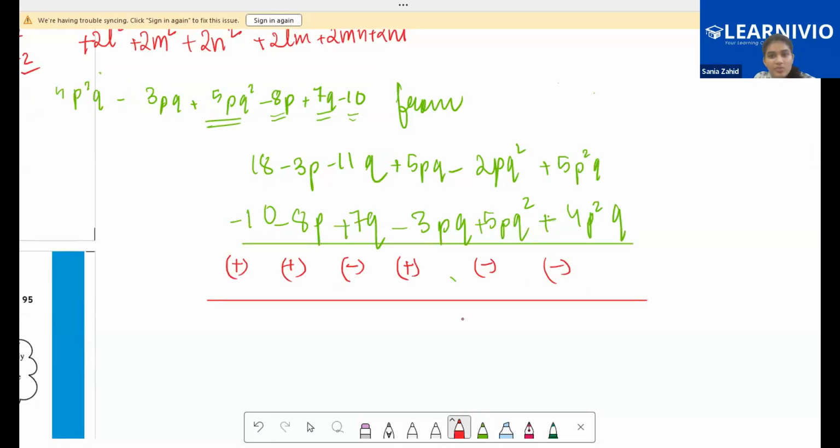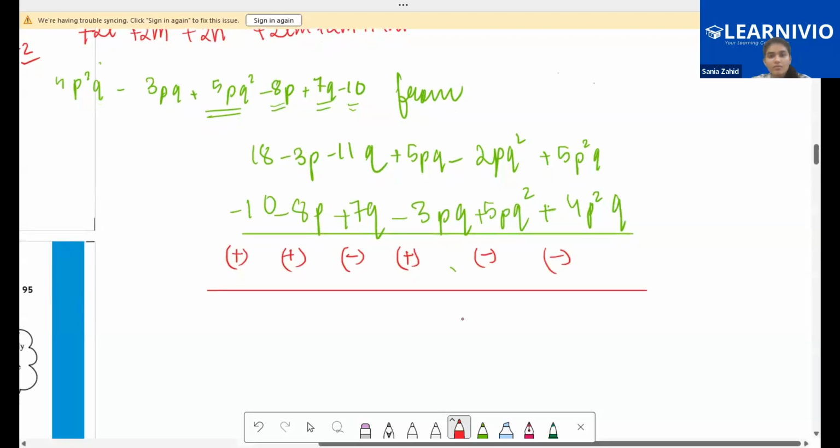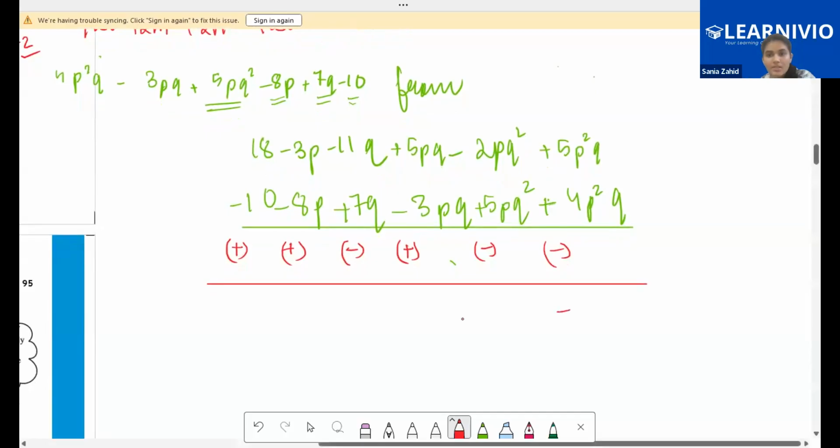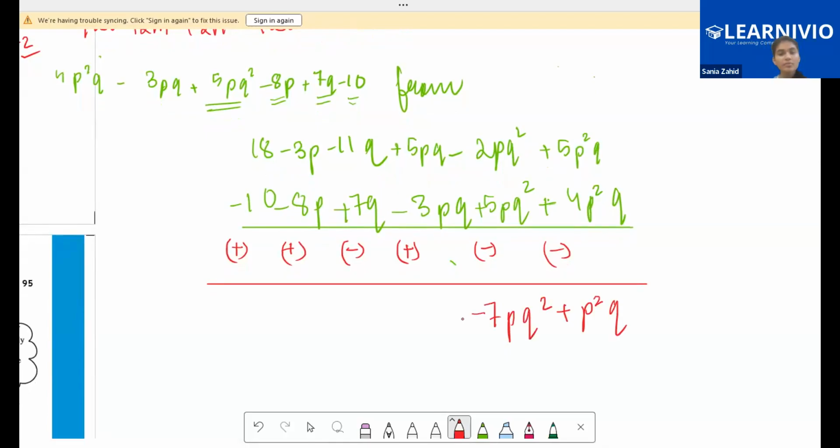So, plus 5p square q and minus 4p square q. What does it become? Plus p square q. Yeah, plus p square q. Then what does minus 2pq square and minus 5pq square become? Minus 7pq square. And now, what does 5pq and plus 3pq become?